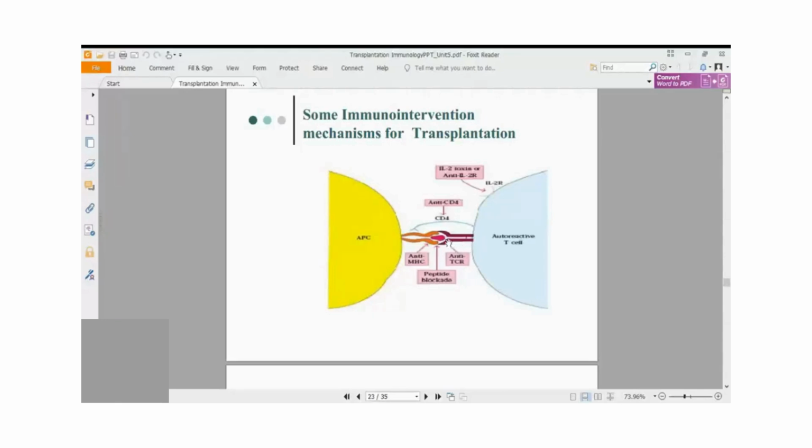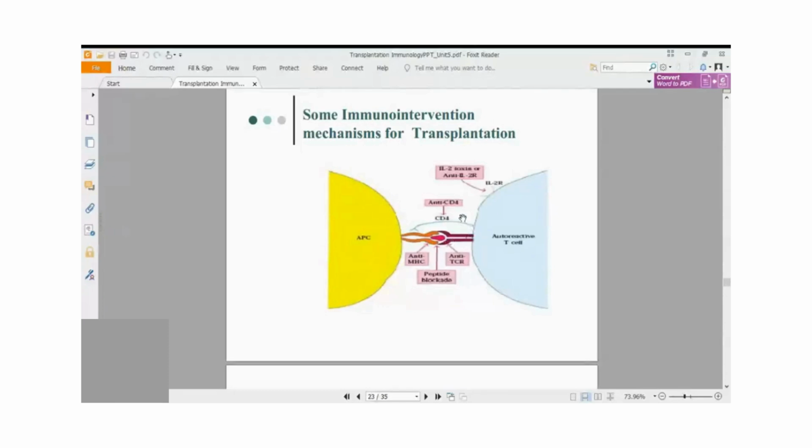Then I had also mentioned that the TCR is always accompanied by a CD3 receptor. By blocking the CD3 receptor, that CD3 receptor antibody, a monoclonal antibody, is also called anti-TAC antibody.